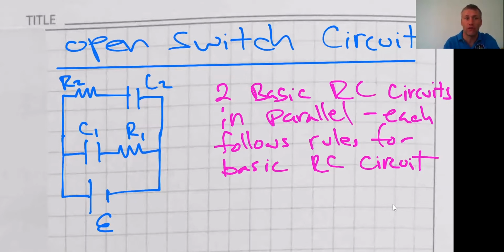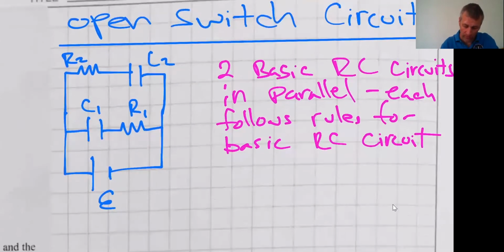You'd have to figure out what the breakdown electric field for that material was, and then figure out if your voltage difference across the capacitor is enough to create the breakdown electric field. So that's some of the behavior when it's open.